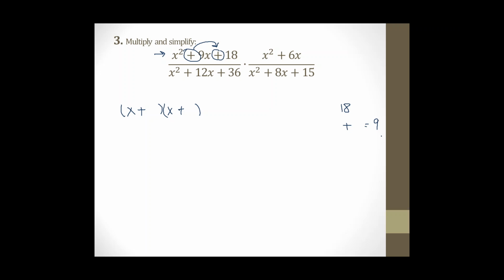Okay, I see some factors. It's 6 and 3. Very good. Because both of the signs are the same, it doesn't matter in which order you put them.